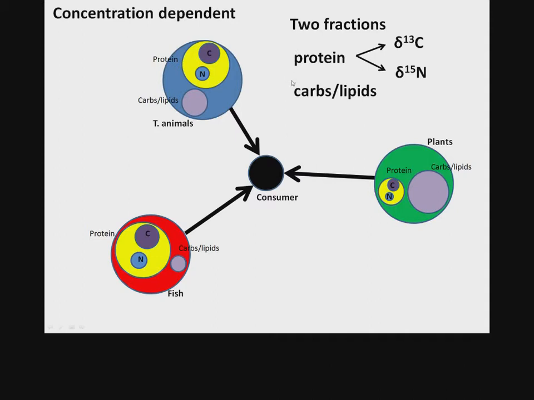This would also allow us to implement priors that establish relationships among these two fractions. So, for example, for certain consumers, there are restrictions on the allowed levels of protein intake.